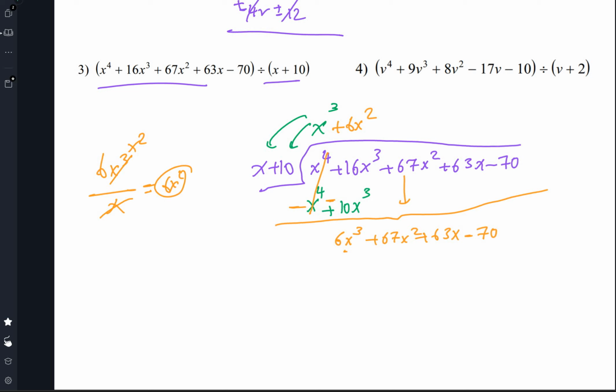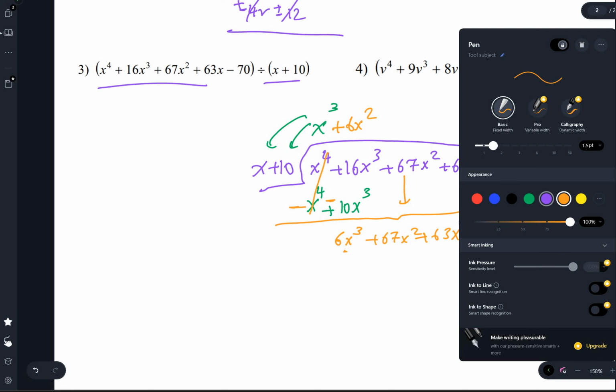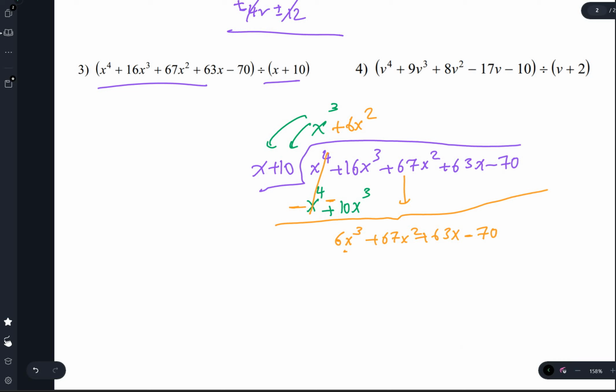Now multiply this one by the following. 6x power 2 times x equals 6x power 3. 6x power 2 times 10 equals positive 60x power 2, right?